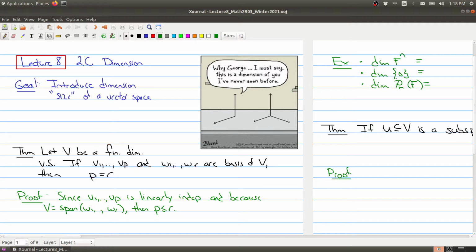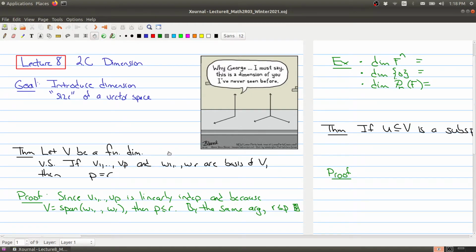Here I'm using only the linear independence property of the first set, and the spanning property of the second set. But now we can just reverse the roles of these two, and by the same argument, R is also less than or equal to P. So there we have a two-line proof for this fact.